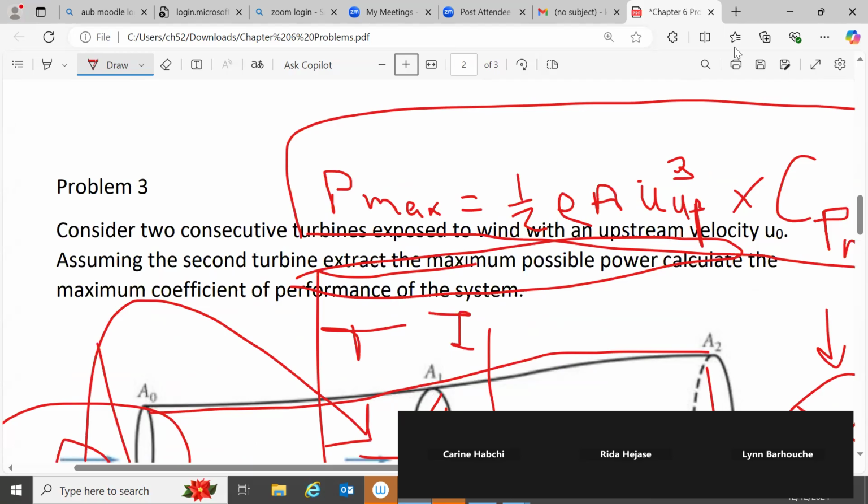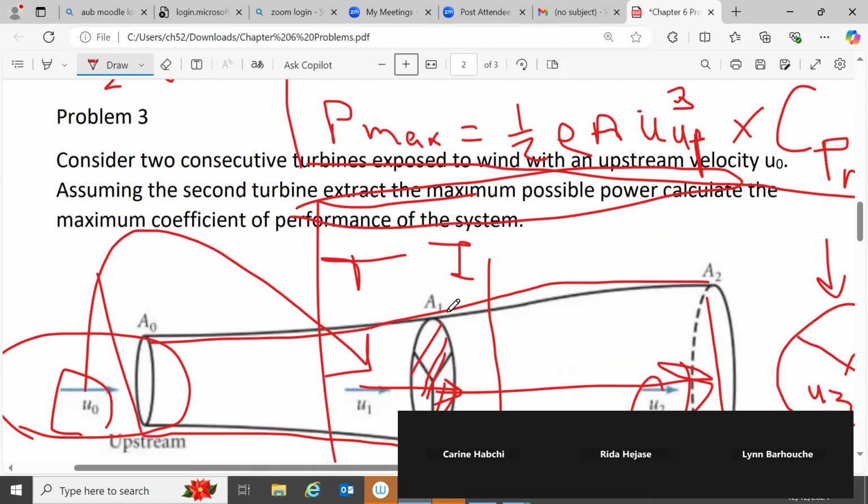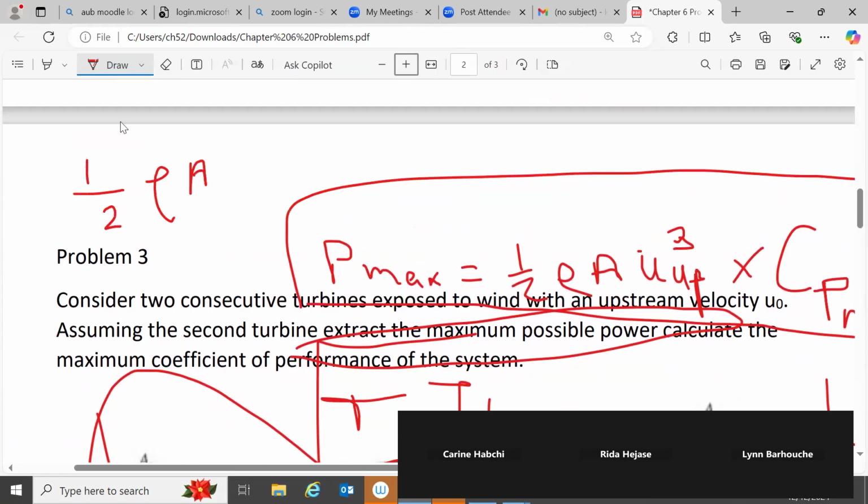No, look, the actual power. What is the actual power extracted? It's half rho A times, what is the velocity crossing the section? U1. So if you want the actual value, it's half rho A U1 cube.